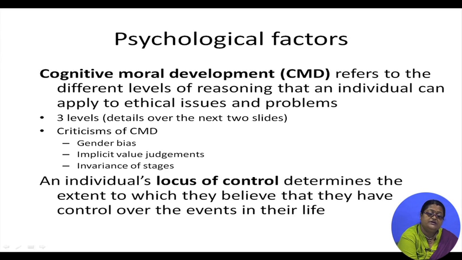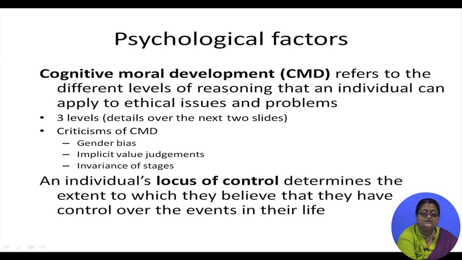Based on their reasoning and their different stages of development in the lifespan, age wise, they come to conclusions about what is right and what is wrong according to those different life stages, and this is called cognitive moral development.